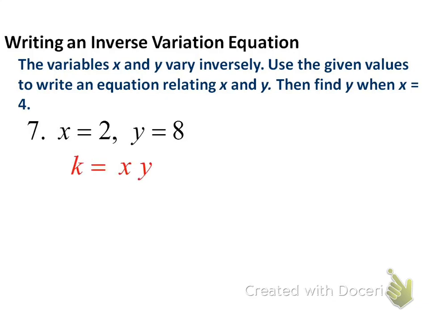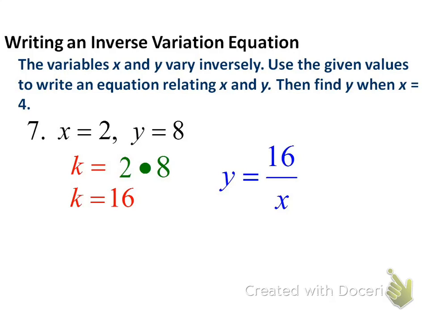So I'm going to use the equation where k is by itself for inverse. So k equals x times y. I want to look at when x is 2 and y is 8. So that would make my k value 16. So when k is 16, this is how x and y relate to one another: y equals 16 divided by x.